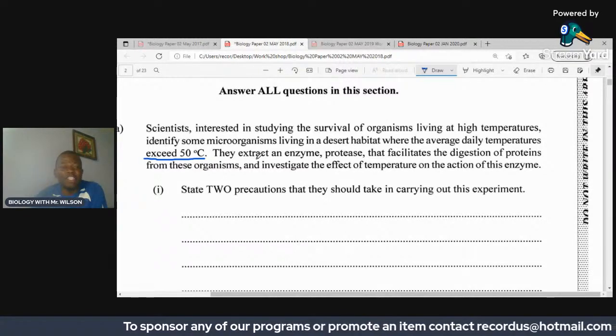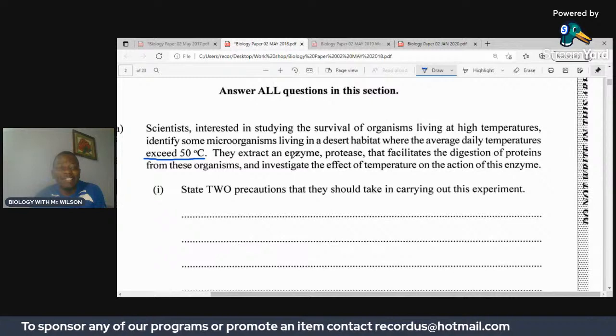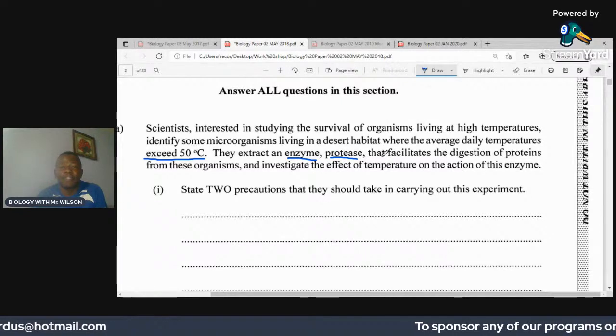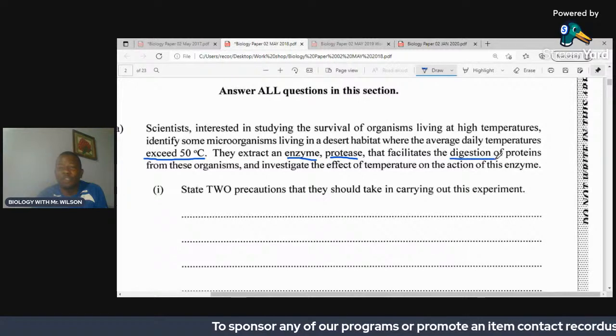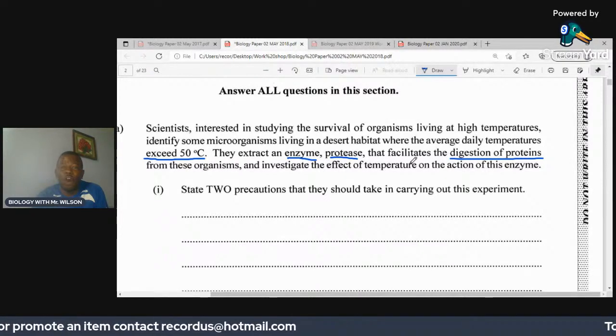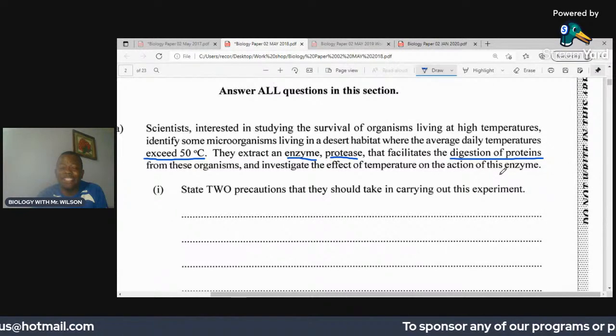Now, they extract an enzyme. So it's an enzyme here that they extracted, and it is a protease. So it is pretty much acting on protein, that's the substrate, that facilitates the digestion of protein. So protein being the substrate here, from these organisms, and investigated the effect of temperature on the action of enzymes.